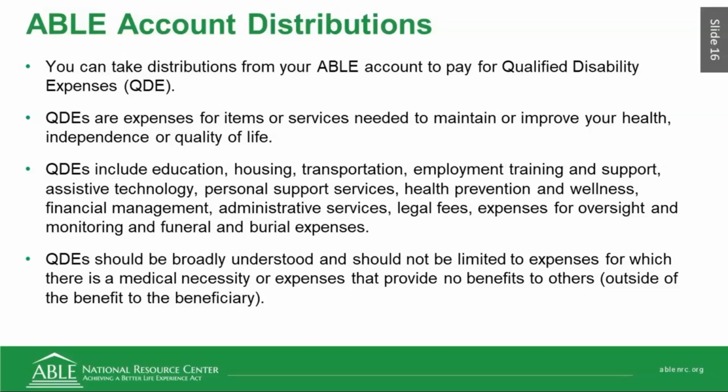Beyond that list, the IRS has offered very little guidance. There's no list of items either in the law, Section 529A, or in those proposed regulations that lets you know what's included, for example, under transportation, what's included under education. We're going to give you some practical guidance based on our interpretation of things, but there is no specific list that's been offered by the IRS.